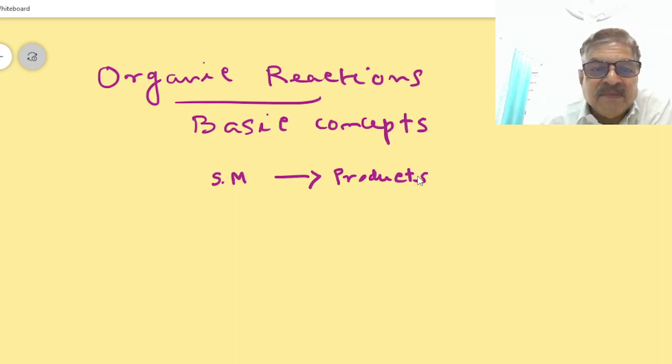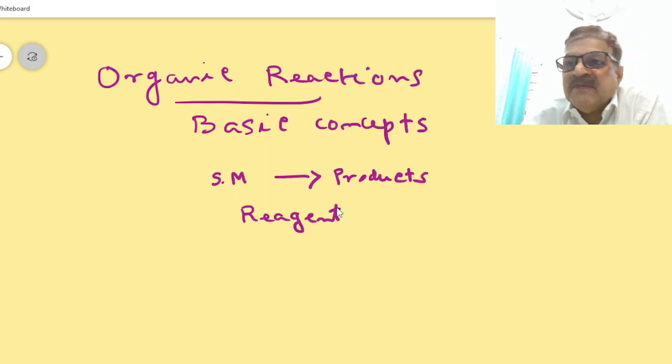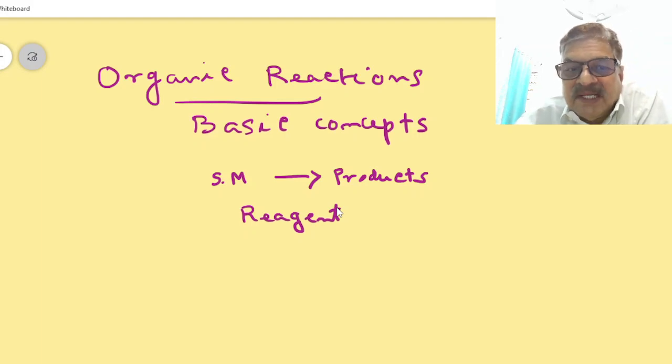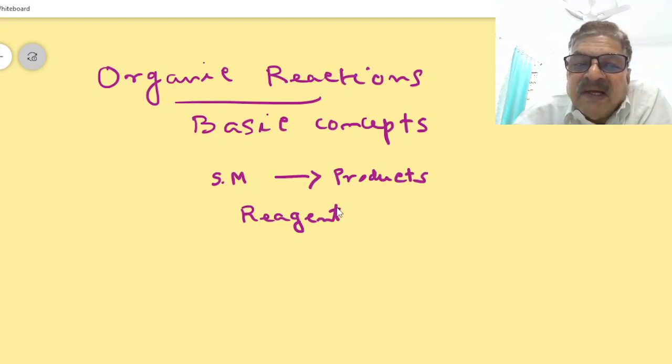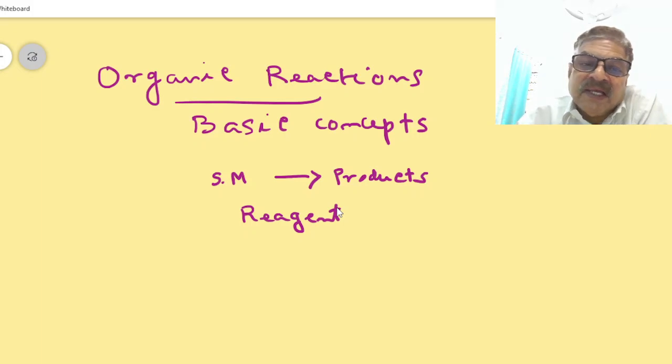Now, what is meant by a reagent? These are all terms which you generally use in organic chemistry very frequently. The chemical substance with which an organic compound reacts, that is a reagent. We can show the reagent on the left side of the reaction arrow or above the reaction arrow.